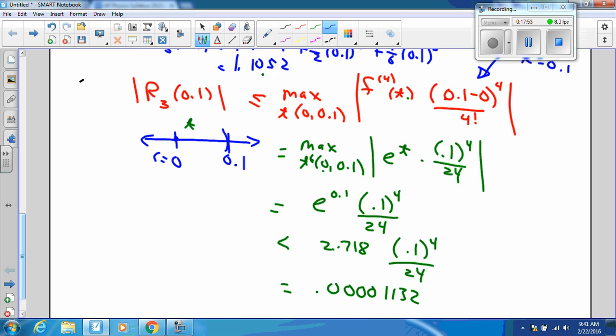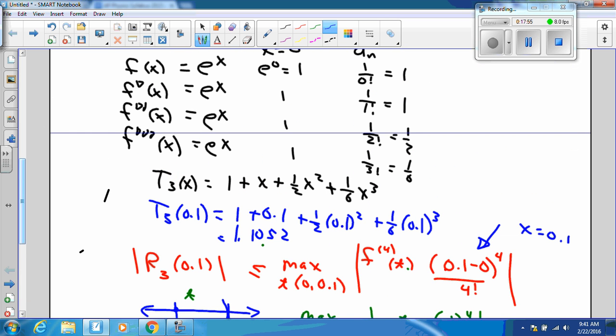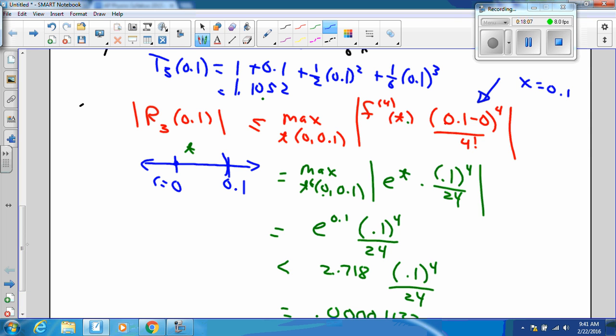So we can't just plug in e to the 0.1. We have to estimate it with a Taylor polynomial. And having estimated it, we now wonder how good is our estimate. So we compute the Lagrange form for the error, and unfortunately we find that it requires us to know the very thing that we didn't know to begin with.